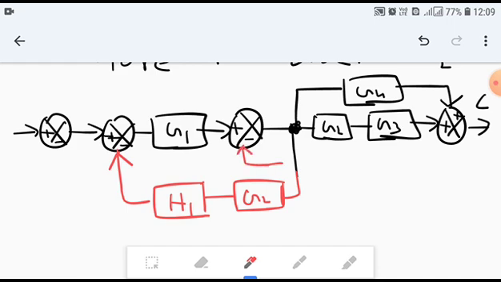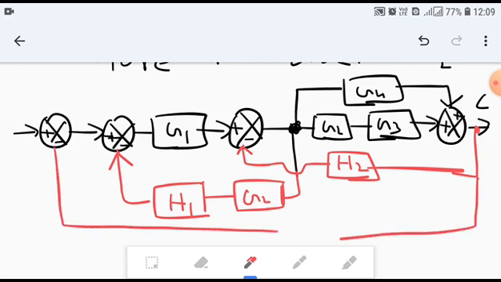Remaining everything we are going to draw the same way, there will be no change here. We have this H2 and we are taking the output from this point, and this unity feedback also we are taking. Here we didn't make any changes for unity feedback or H2, only the adjustment we have done by moving the branch point from between G2 and G3 to before G2, so that G2 into G3 comes in series, and to that G4 comes in parallel, right.